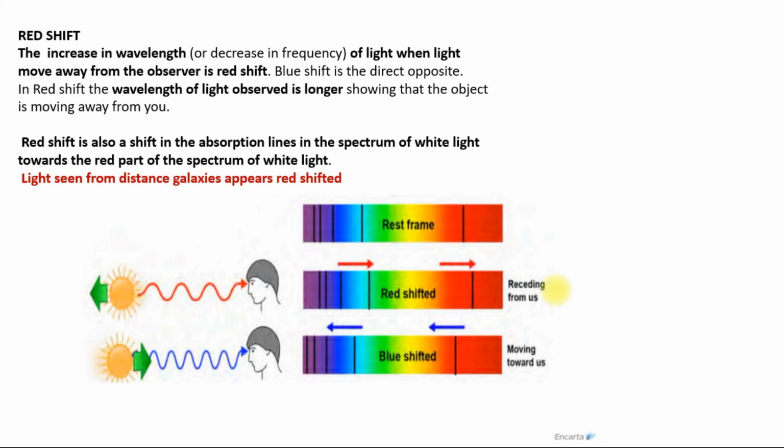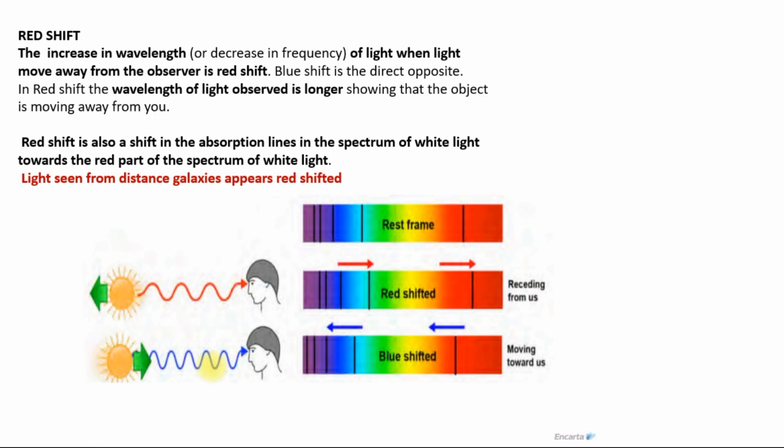The increase in wavelength of light when light moves away from the observer is called a redshift, like what we have here. Whenever light moves away from the observer, there tends to be an increase in the wavelength of the light. That's a redshift. Now we also have a blue shift, which is the direct opposite of redshift. In this case, there's a decrease in wavelength because light is moving towards the observer.